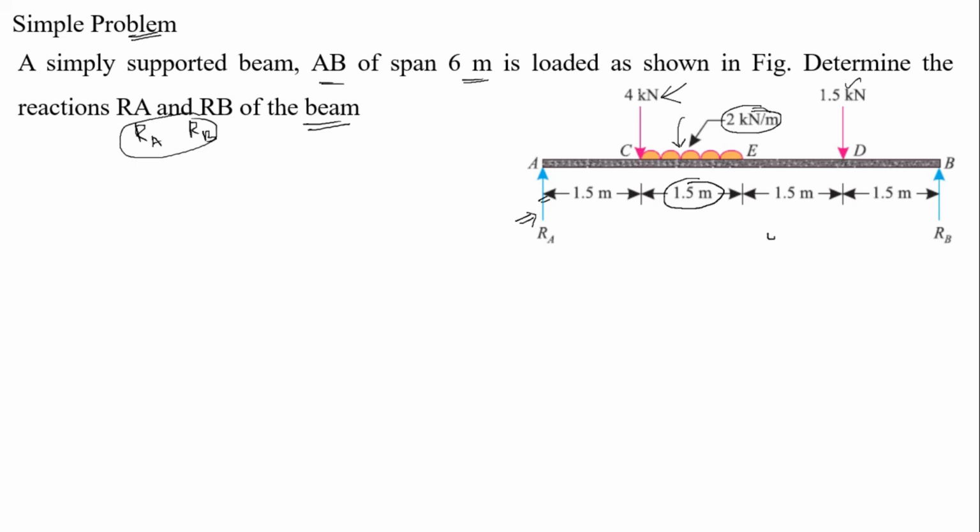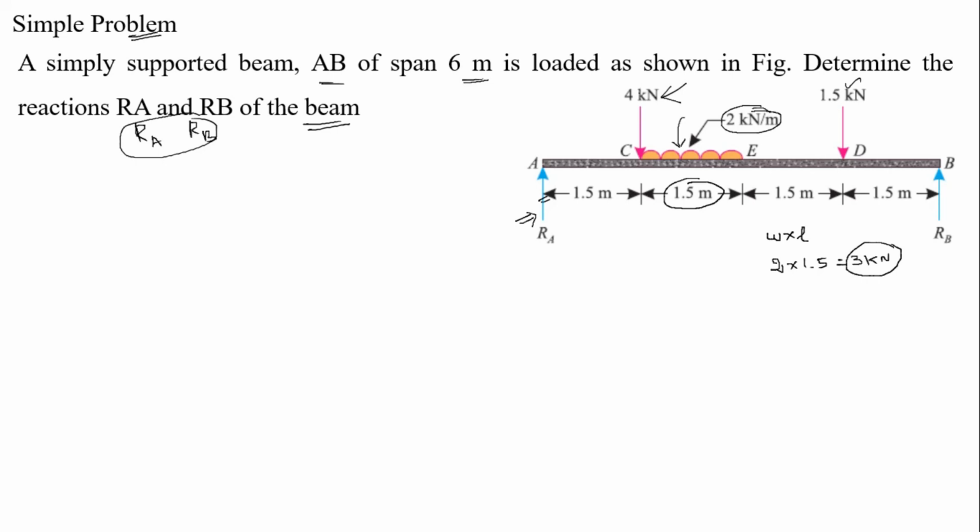We know the formula W into L for a uniformly distributed load. W is equal to 2, L is equal to 1.5. So 2 into 1.5 is equal to 3 kilonewton. The uniformly distributed load is converted into a point load of 3 kilonewton.